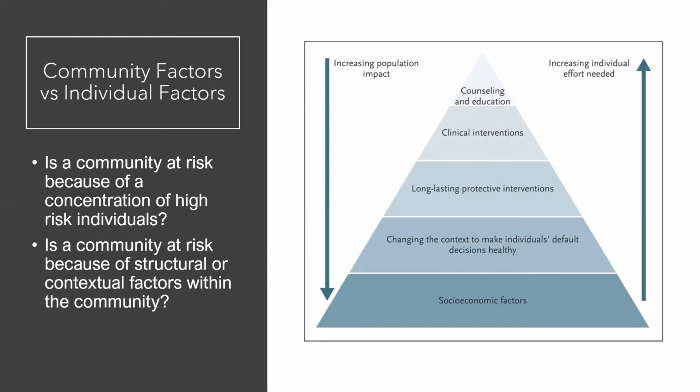You would address that in a different way at the level of a strategic plan than you would address necessarily a concentration of individuals with high risk. With that said, what I'm going to show you today is not going to answer any of these questions because we did not differentiate individuals at risk versus communities at risk. But from a strategic planning perspective, if you're sitting down and looking at these data, that's something that you should be thinking about.